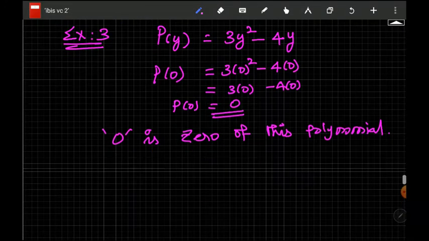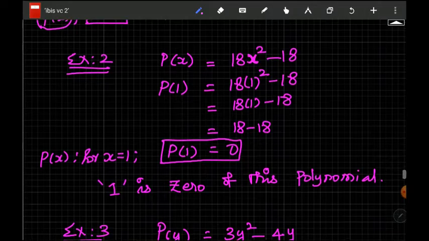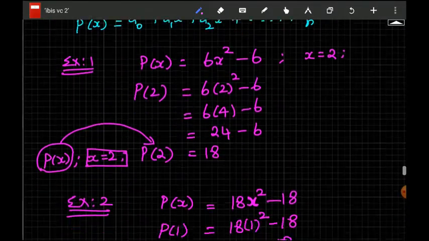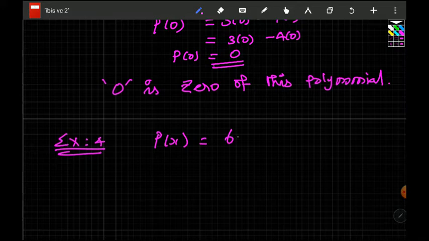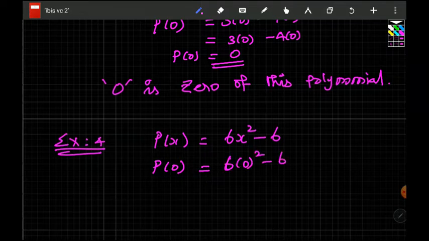Let's take one more example, the previous one which we had, 6x square minus 6. Then our example 4 is p of x is 6x square minus 6. Then p of 0 is obtained by replacing x with 0. 6 into 0 square minus 6. 6 into 0 square is 0, and 6 into 0 is 0, minus 6.